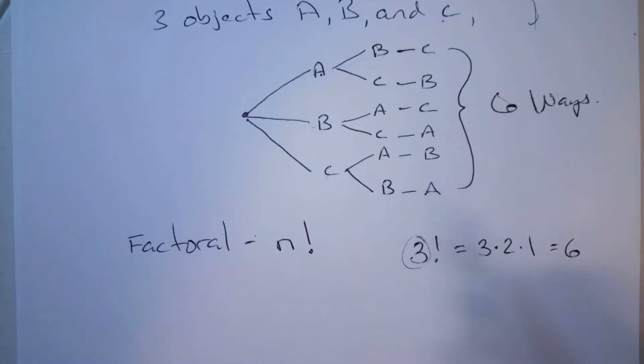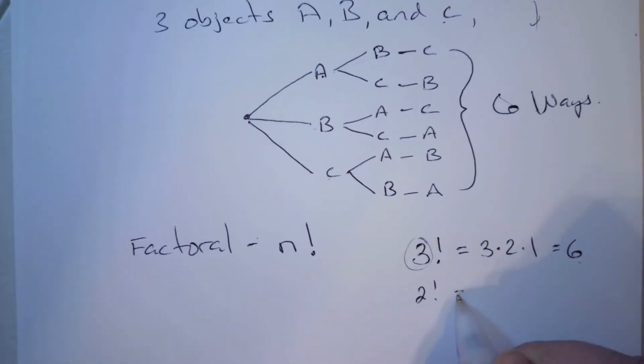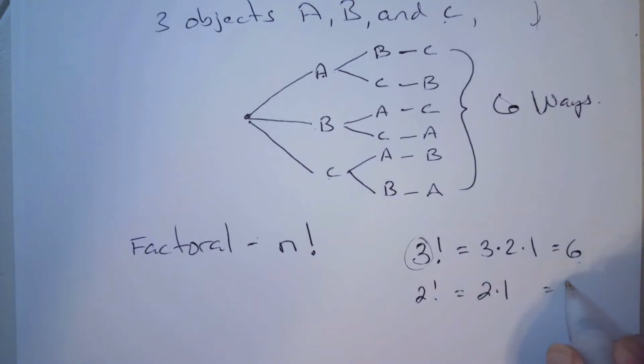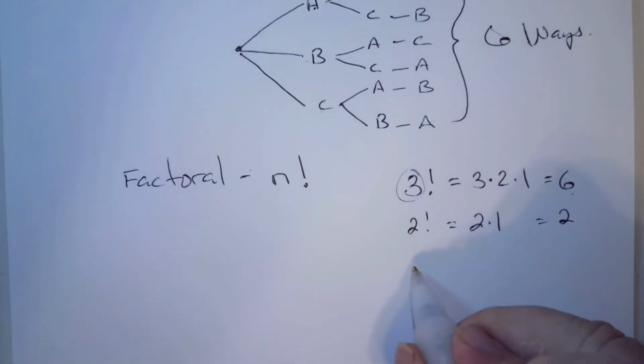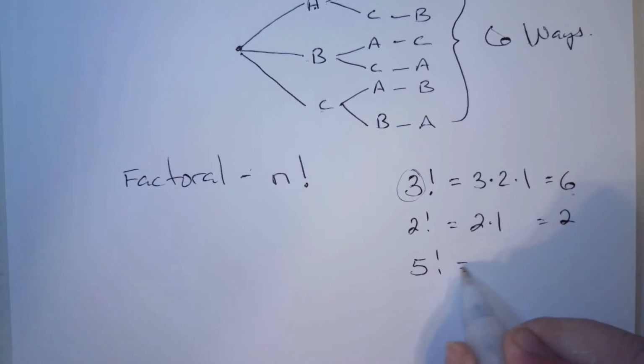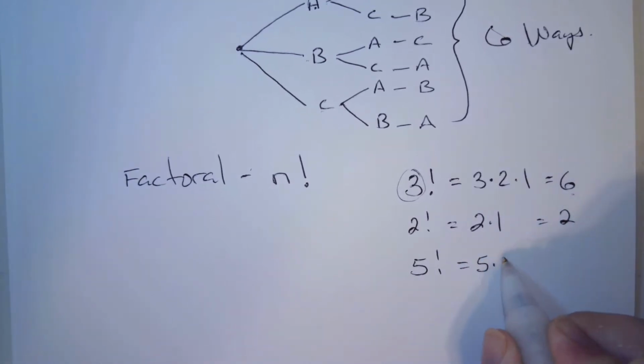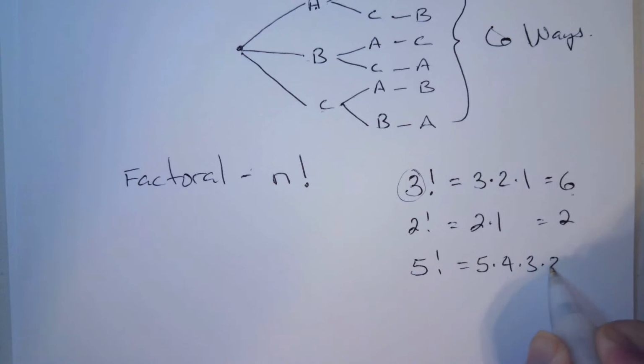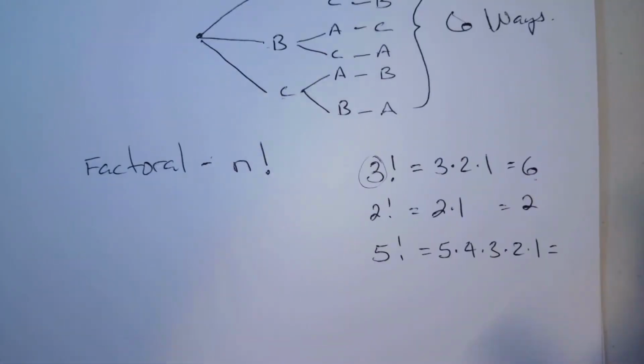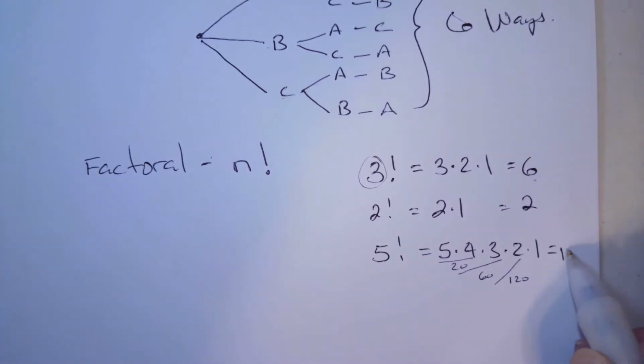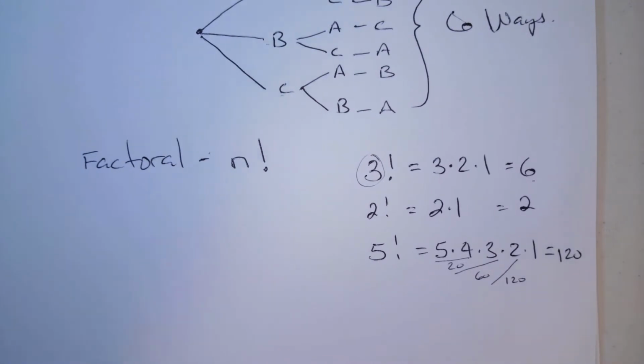So with 3 objects, there are 6 different ways. If we had 2 objects, 2 times 1. If we had 5 objects, 5 factorial is 5 times 4 times 3 times 2 times 1. 5 times 4 is 20, 20 times 3 is 60, 60 times 2 is 120, 120 times 1 is 120. There are 120 different ways you could arrange them.